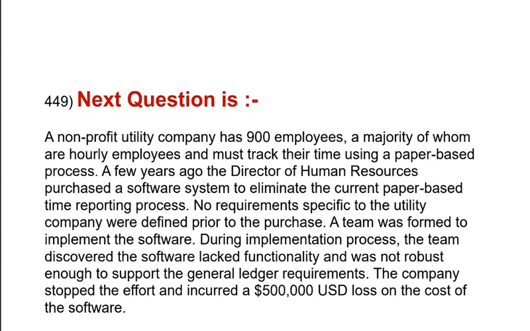No requirements specific to the utility company were defined prior to the purchase. A team was formed to implement the software. During the implementation process, the team discovered the software lacked functionality and was not robust enough to support the general ledger requirements. The company stopped the effort and incurred a $5 lakh USD loss on the cost of the software.